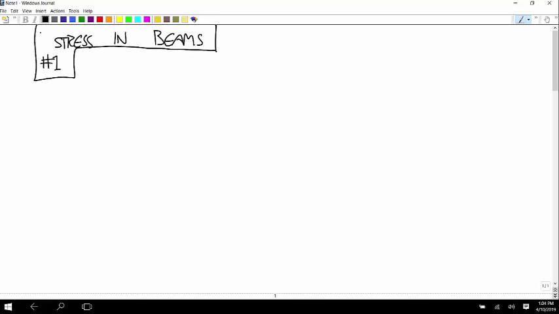Okay, so on stresses and beams, number one, the beam looks like this. There's a pin joint over here and a roller in the middle.